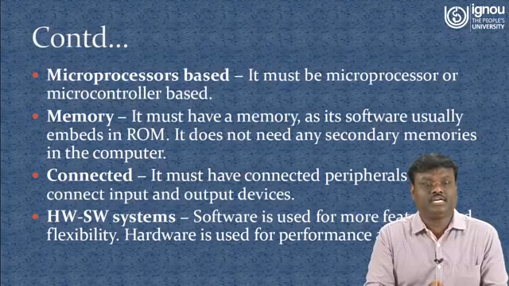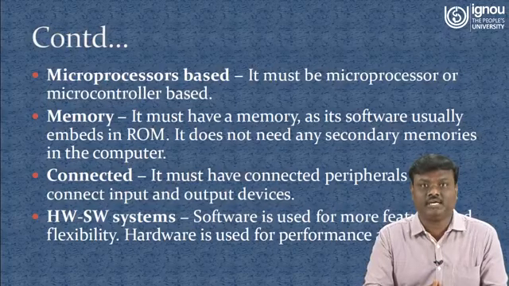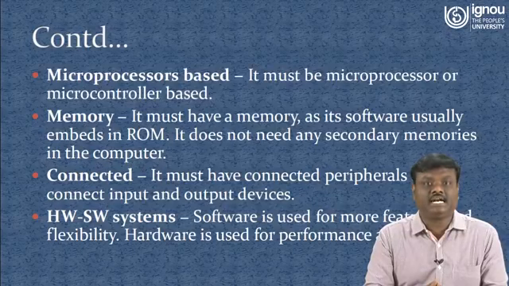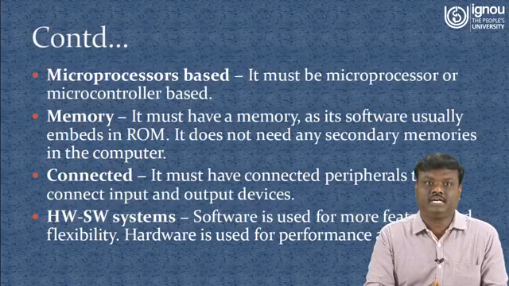I told you it consists of read-only memory. The chip is a read-only memory, wherein the software embedded in that particular ROM won't allow you to change the program. Then it must be connected to peripherals to connect input and output devices.